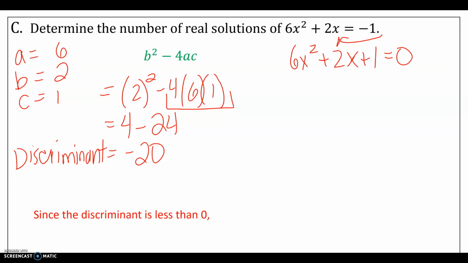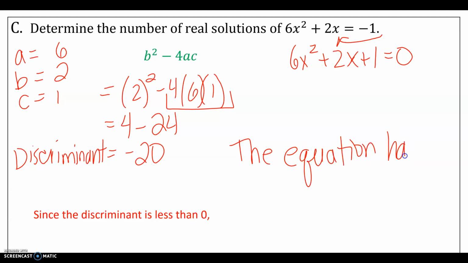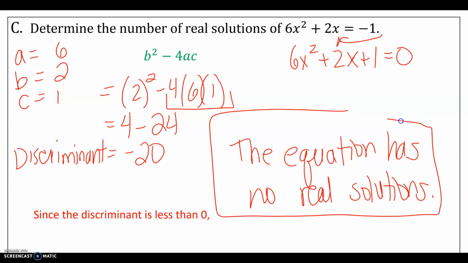So since the discriminant is less than 0, obviously, the equation has no real solution. So it's going to be that floating parabola that you saw that will not touch your x-axis anywhere.